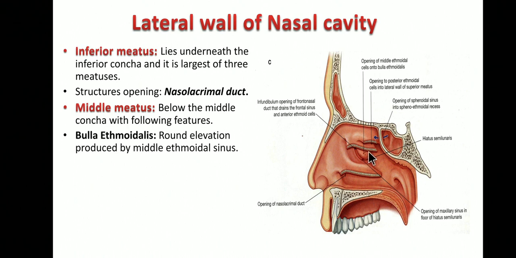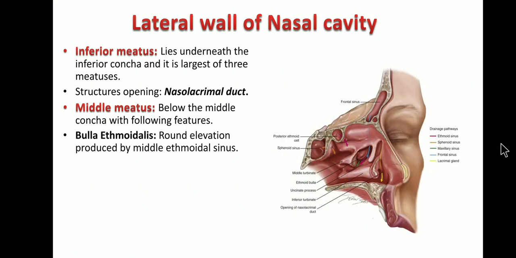The middle ethmoidal sinus opens in the bulla itself or sometimes below it. Now below the bulla, you see a semilunar groove or sulcus that is called the hiatus semilunaris. So that is the bulla ethmoidalis where the middle ethmoidal air sinus opens.